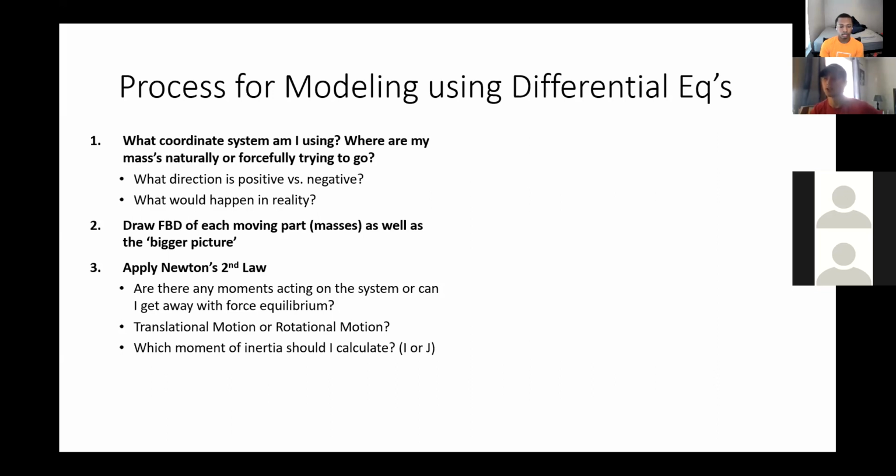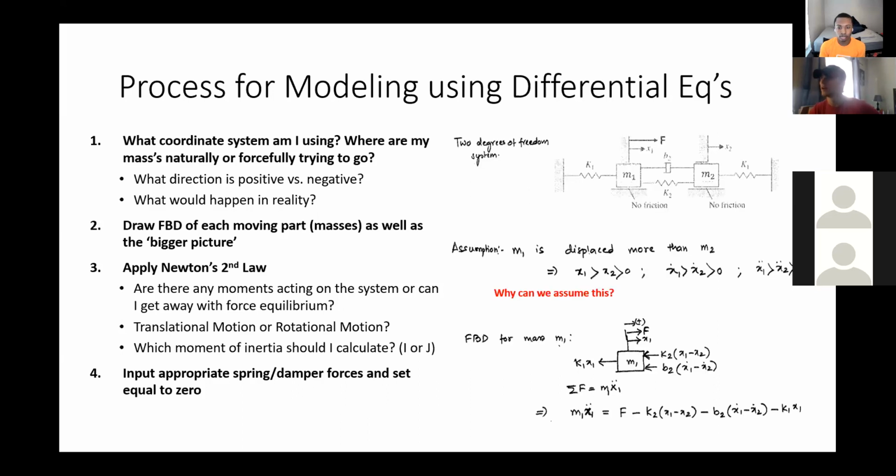Which moment of inertia should I use? Are we going to use the mass moment of inertia, or the polar moment? Next, we're going to input the appropriate spring and damper forces, and we're going to set it equal to 0 and go from there.